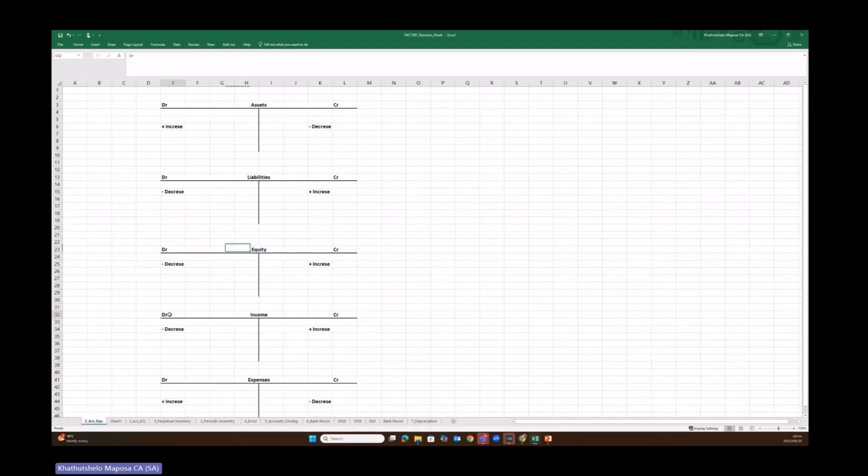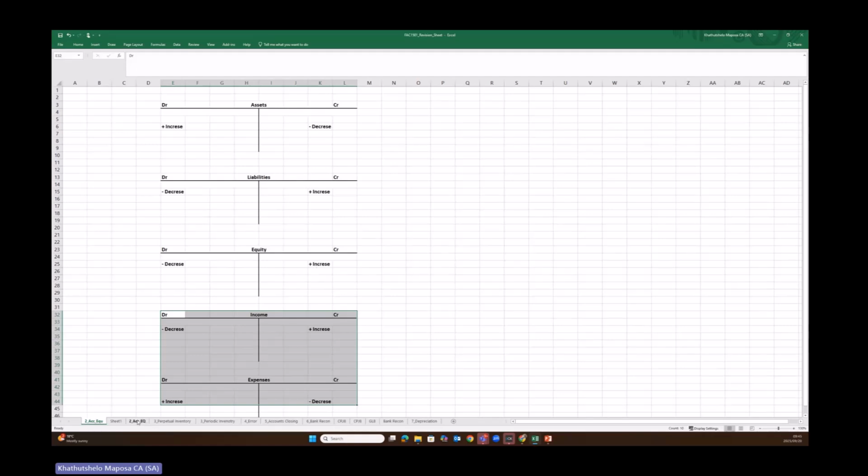Income is here. Remember, we have agreed that income increases on the credit side, and income and expenses, when we close them off, close off into the equity. So whatever we get left with then comes and increases the equity at the end as part of the profit or loss, or retained earnings, or accumulated income, or whatever account that we call it.